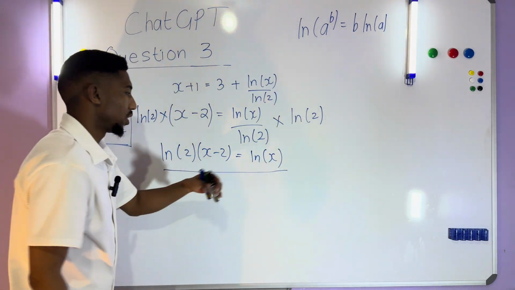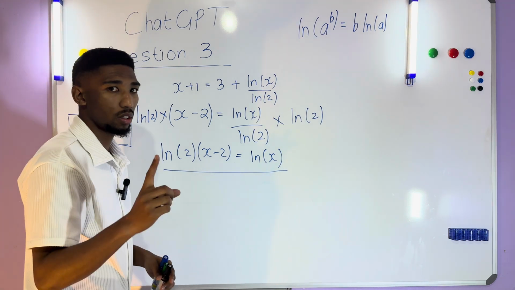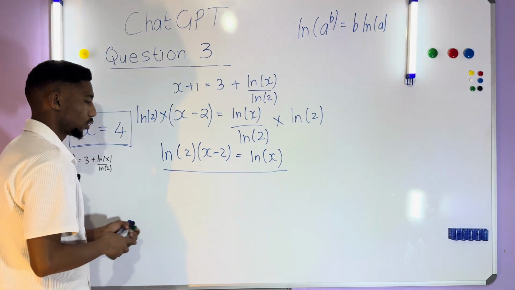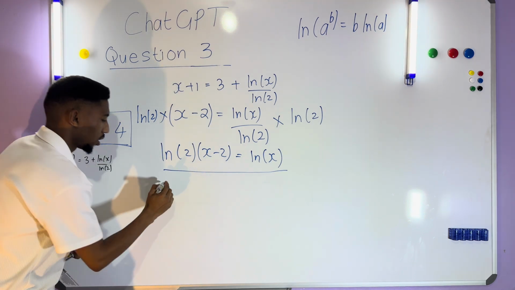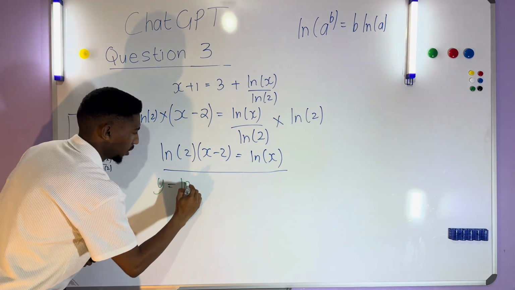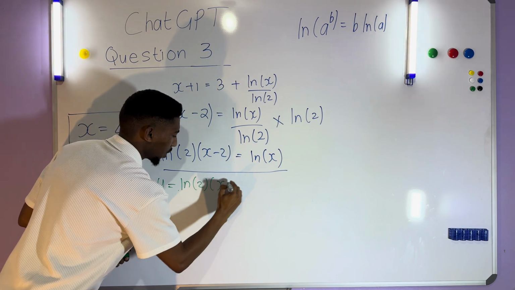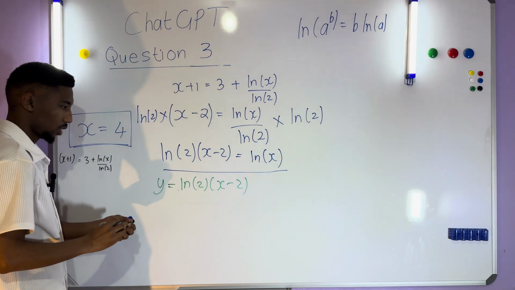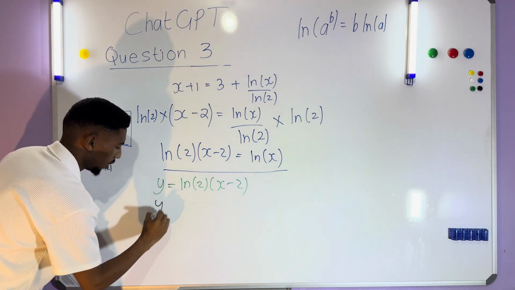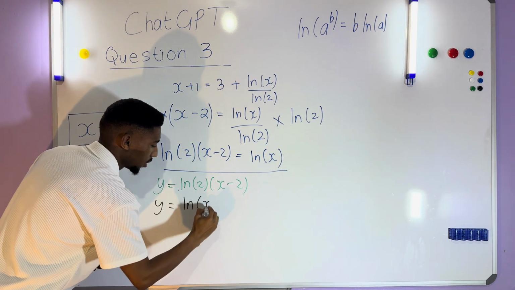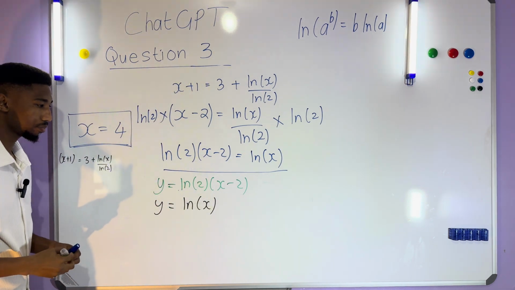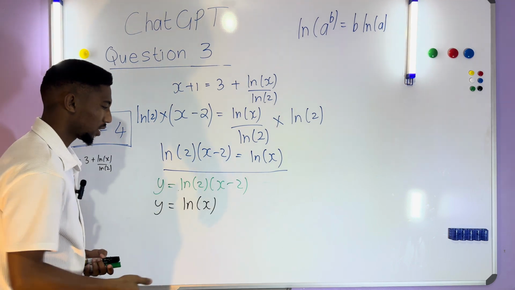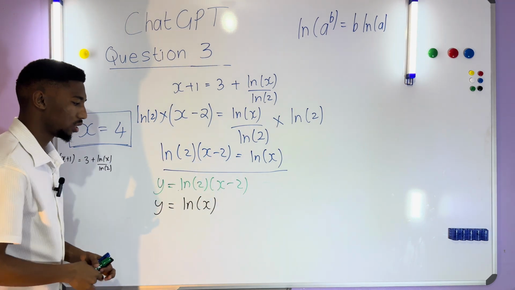To solve this, we can solve it graphically. First and foremost, we can draw the graph of ln 2 times (x minus 2), and we can draw the graph of ln x. We can simply substitute values into x.